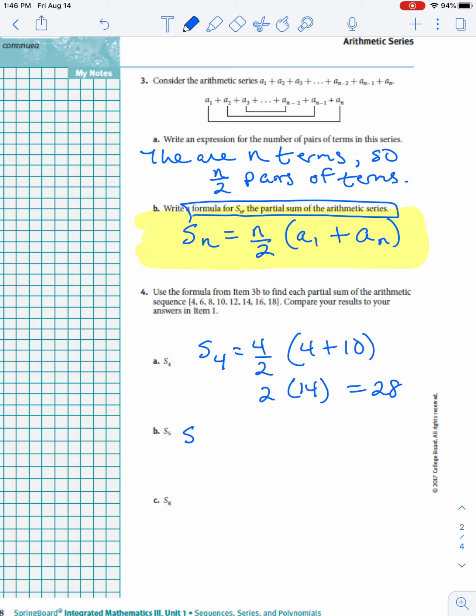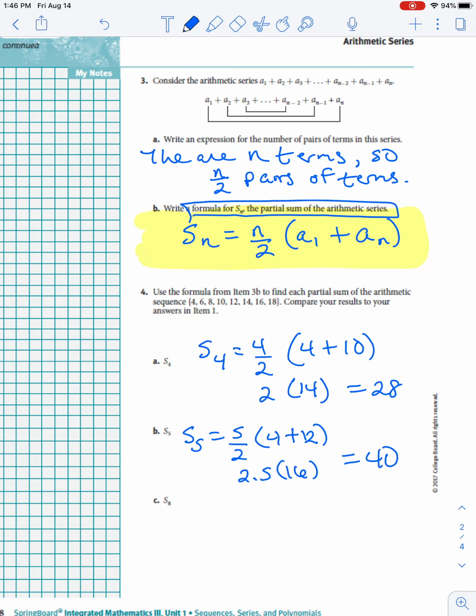If I want the first 5 terms, s sub 5, well this time it's 5 divided by 2, and the first term is still 4, but this time the 5th term is 12. So 5 over 2, that's 2.5, times 16, and we get 40.